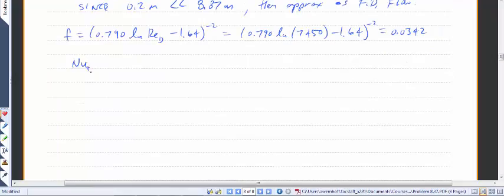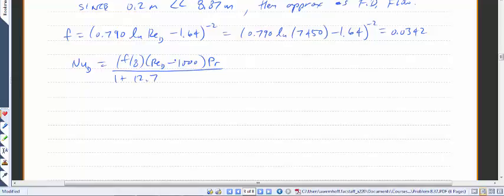0.0342. This means we can calculate our Nusselt number using F over 8 times Reynolds minus 1,000 times Prandtl divided by 1 plus 12.7 F over 8 to the 1/2 power times the Prandtl to the 2/3 power minus 1.